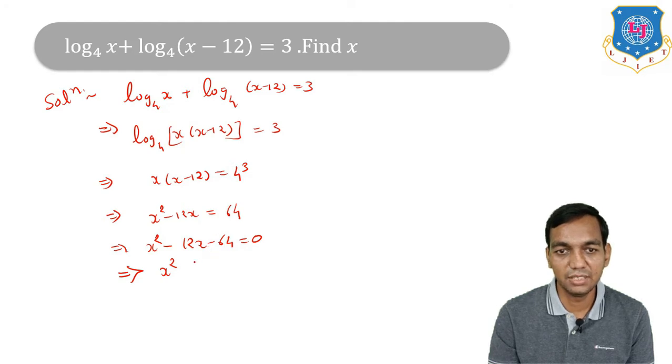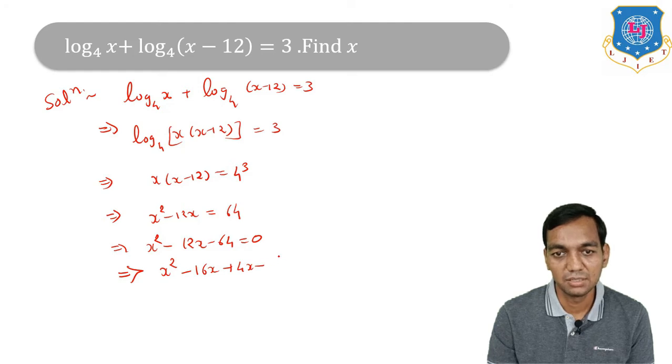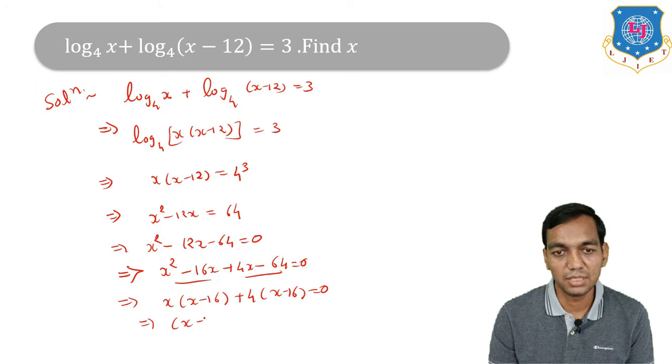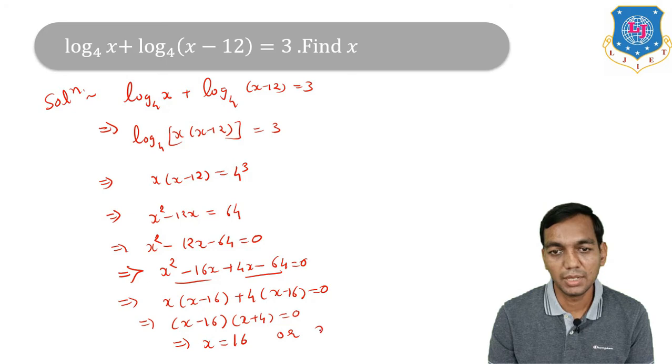So we have 16 into 4: x squared minus 16x plus 4x minus 64 is equal to 0. Pair them up. So you will have x into x minus 16 plus 4 into x minus 16 is equal to 0. So we have two factors, x minus 16 and x plus 4 is equal to 0. So we have x is equal to 16 or x is equal to minus 4.